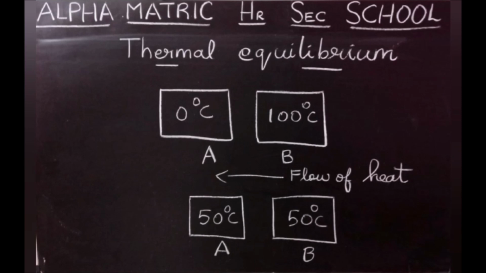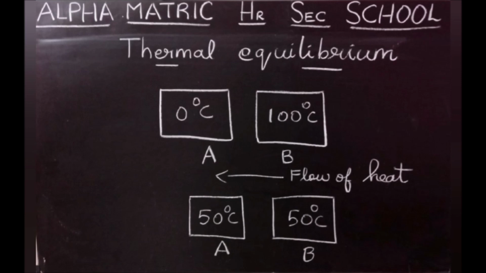Here, the flow of heat starts from body B to A. As a result, the temperature of body A will increase. The temperature of body B will decrease. This process will continue until these two bodies attain the same temperature. After attaining the same temperature of 50 degrees Celsius, the flow of heat will stop.